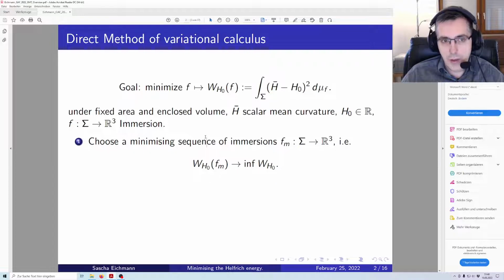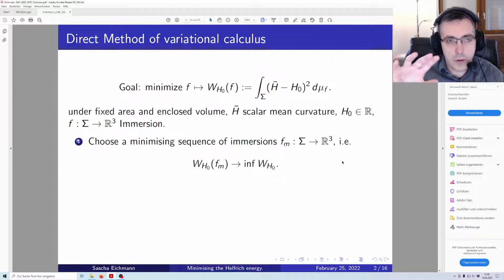So fixed area, enclosed volume, fixed topology sigma, and so on. And then of course we want to find a limit, and the limit is our minimizer. This is our goal.